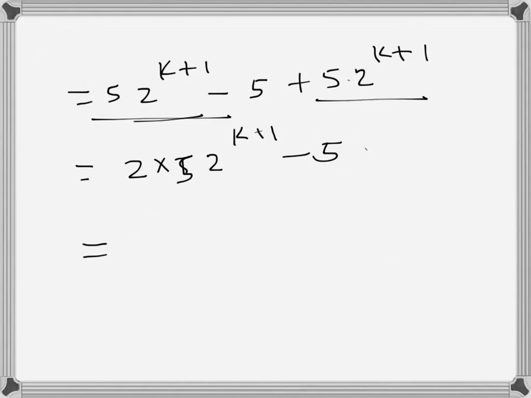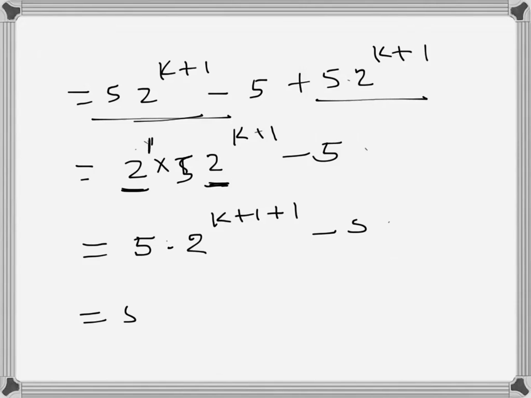But I have written it like that, and then I can write it here because this base is 2, this base is 2, and here the power is 1, so according to the indices law, I can write k plus 1 plus 1. This one's power is 1 and the base is the same, so I am just writing in terms of the power.